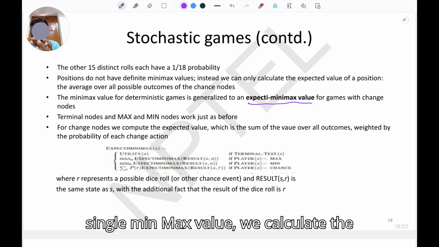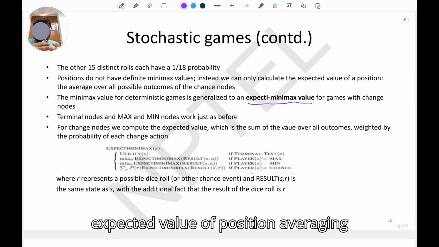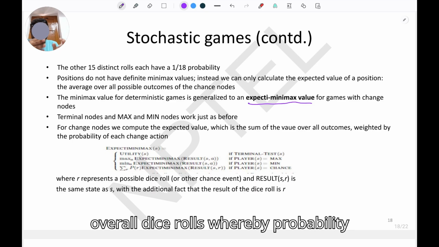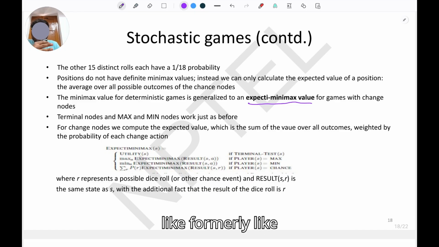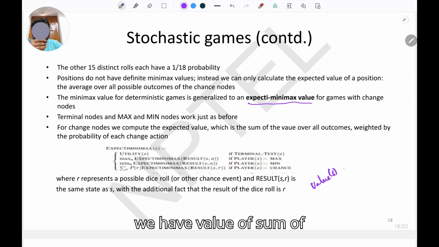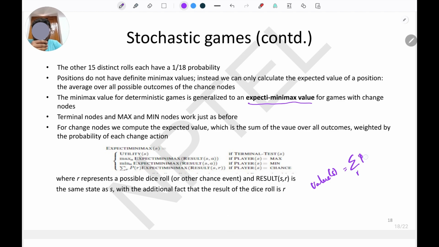Instead of a single minimax value, we calculate the expected value of a position, averaging over all dice rolls weighted by probability. Formally, the value is the sum over R of P(R) times the value of the result S, R, where R is the dice roll.